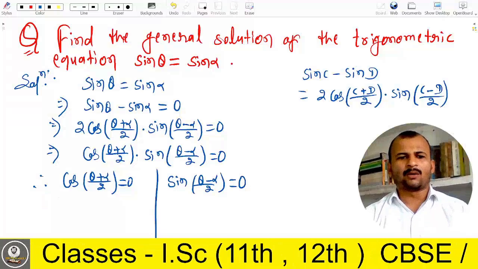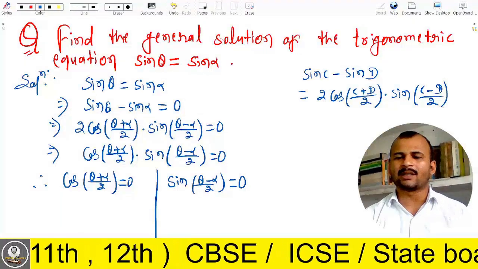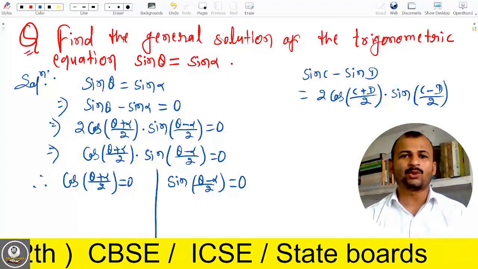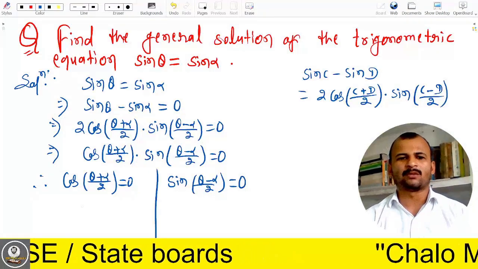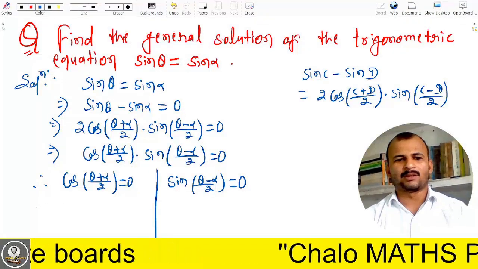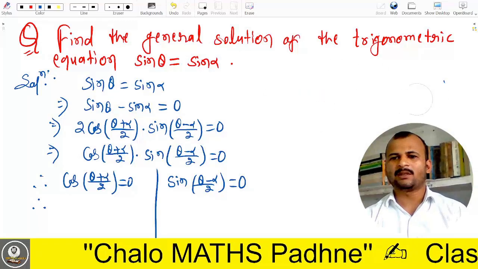Now we know the general solution of cos theta equals 0 is (2n plus 1) into pi by 2. Therefore, we use this concept. Look here.